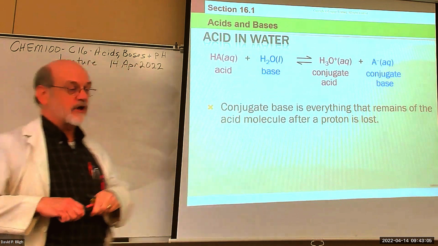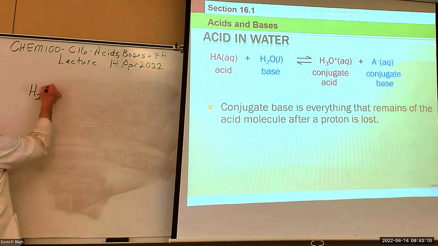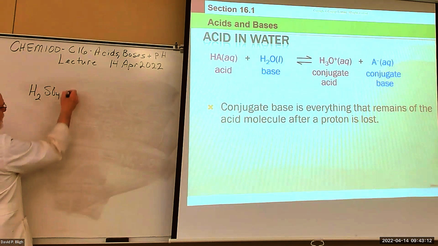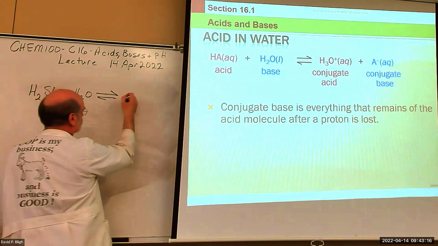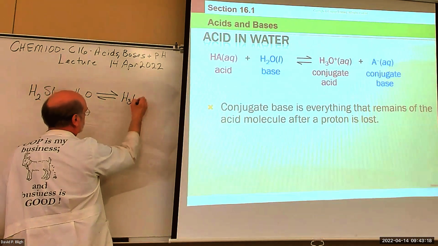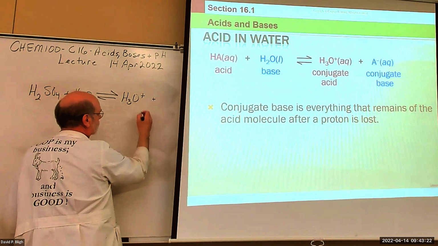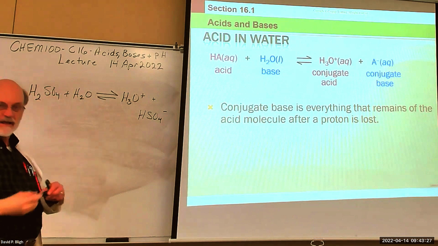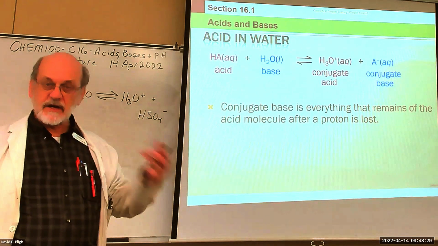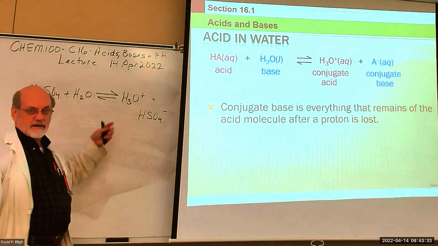If you have more than one proton, for instance, if we have sulfuric acid, and we're reacting it with water, then it'll transfer a proton to this water, and what's left behind? The hydrogen sulfate polyatomic ion is left behind.